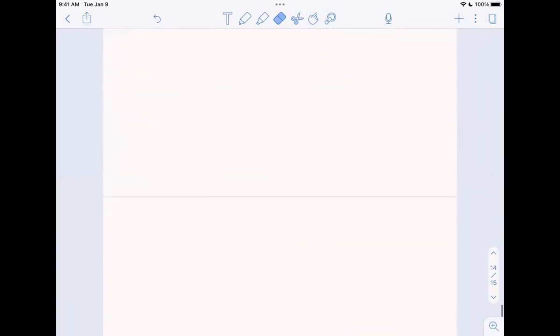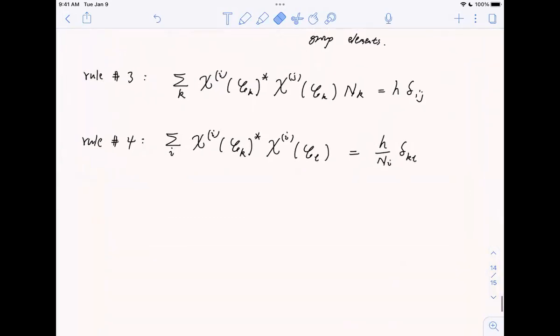Okay, so why is the character table important? This is because it allows us to decompose the irreducible representation.